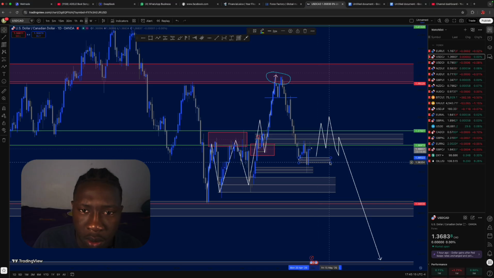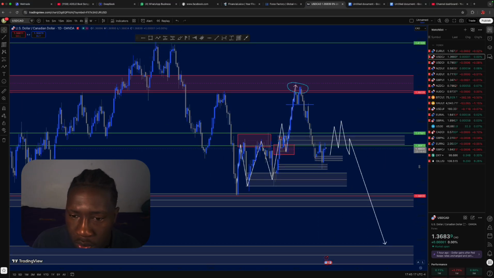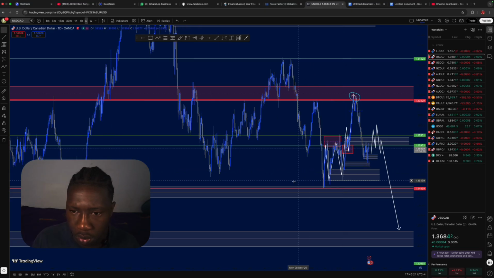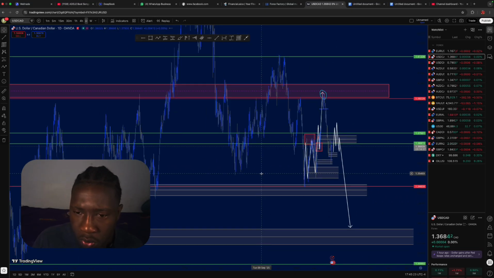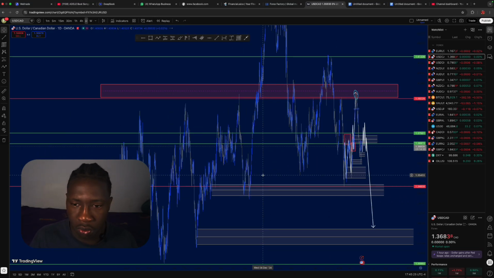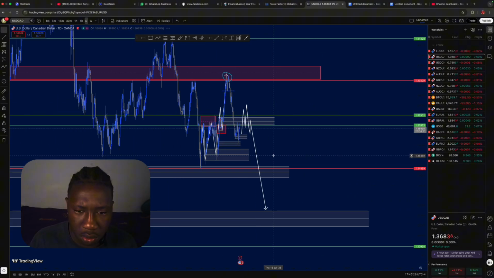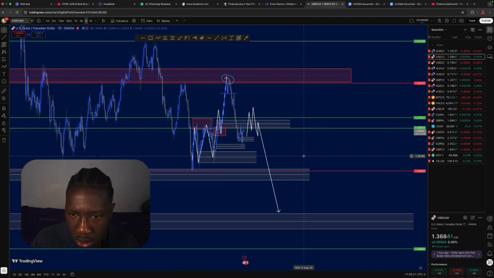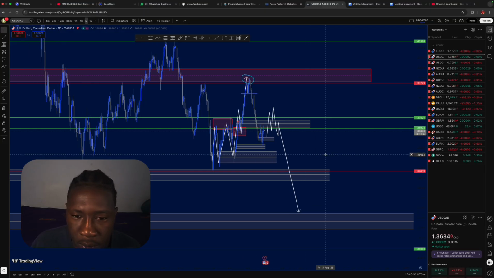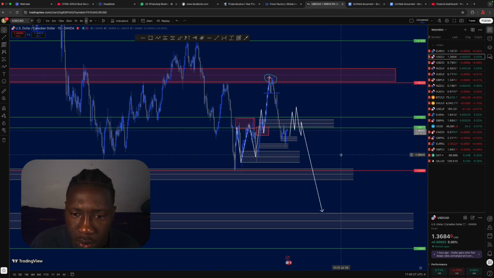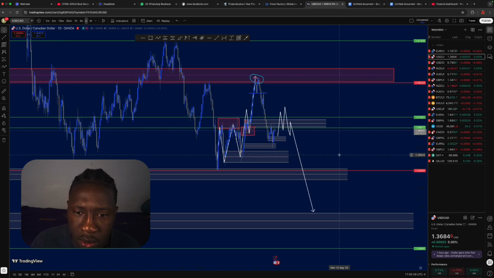So what we need maybe is a pullback to this zone. Because we need to know the narrative of this market. Is it creating higher highs or higher lows? Or is it ranging?